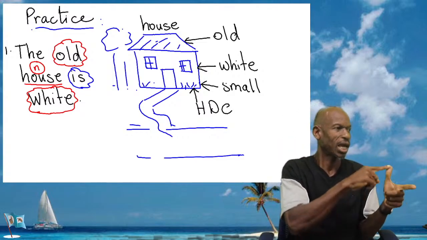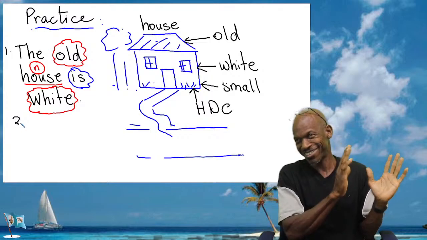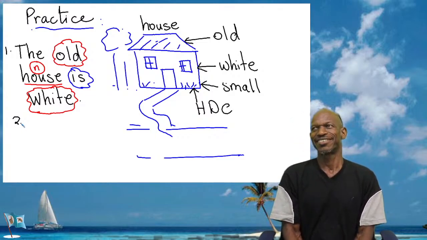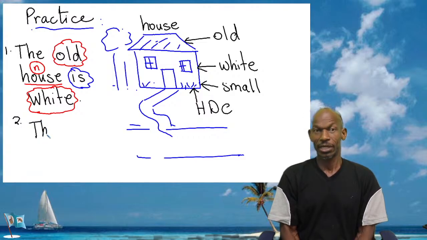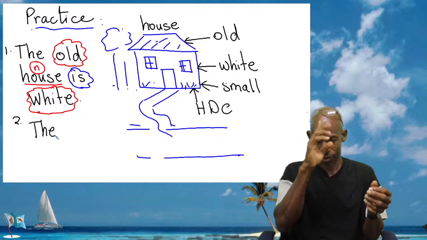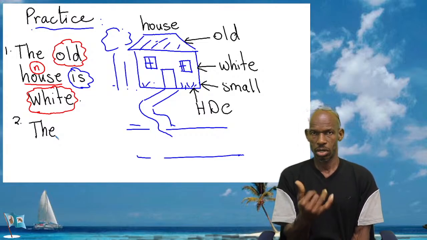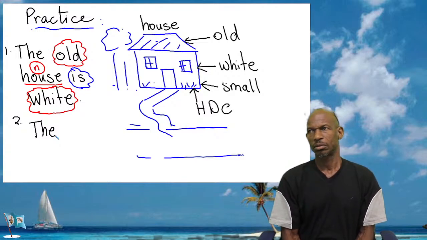Right, so I can write another sentence about my house. Let me just stay with one adjective. So we have the old house is white. I could even say the white house, and I'm using the word white before the noun.